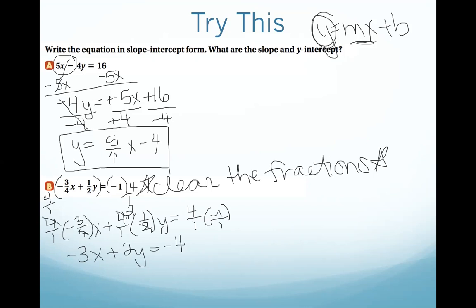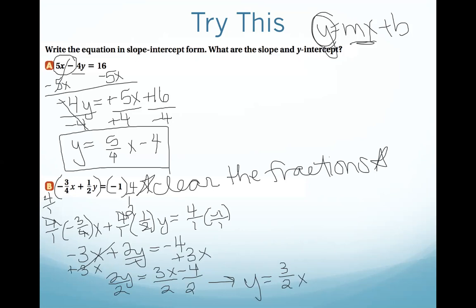Okay, now we're working with an equation that has no fractions, right? Again, I want to isolate y to put this into slope-intercept form. To isolate y, I need to add 3x. 2y equals 3x minus 4. Divide everything by 2. I'm going to write it over here. Y equals 3/2 x. Negative 4 divided by 2 is minus 2.